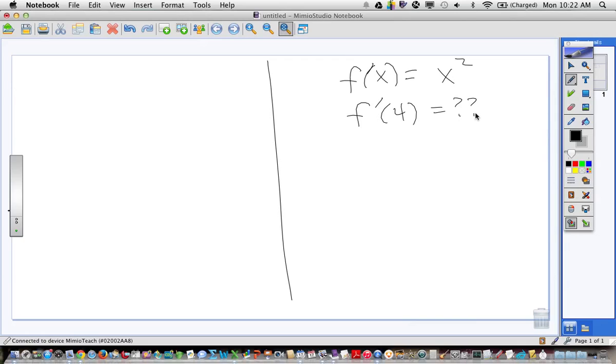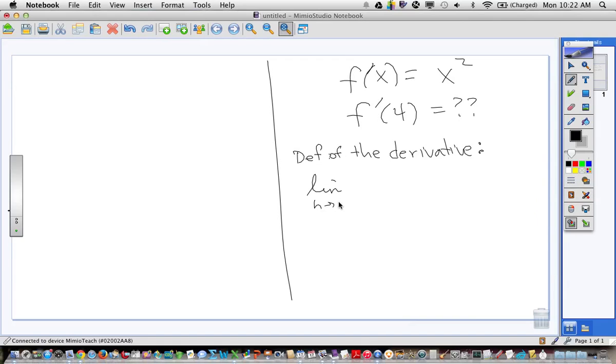There are other ways, and we'll do this tomorrow as part of our review, but one way of doing f prime of 4 is by using the definition of the derivative. What's the formal, limit definition of the derivative? What is it?